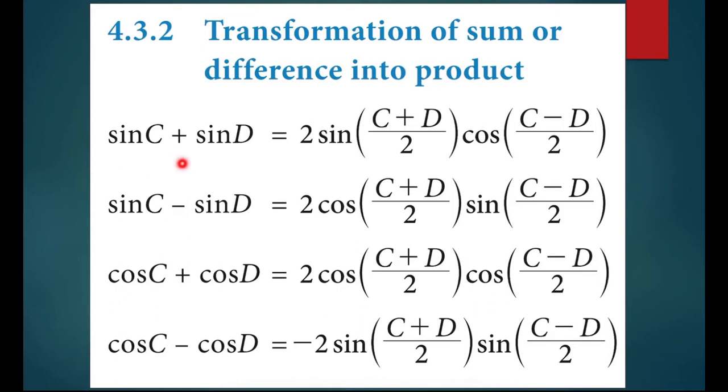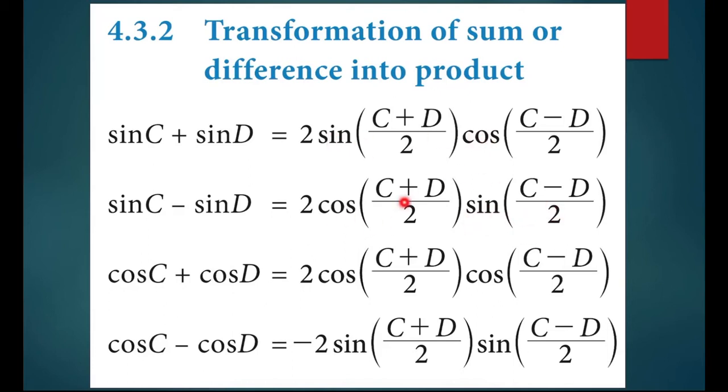Sin C plus sin D equals 2 sin((C+D)/2) cos((C-D)/2). You will learn the derivation of this formula in college or in a higher class. Sin C minus sin D equals 2 cos((C+D)/2) sin((C-D)/2). Sin and cos interchange.